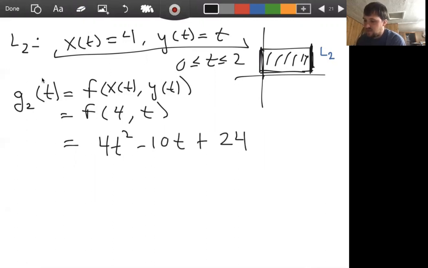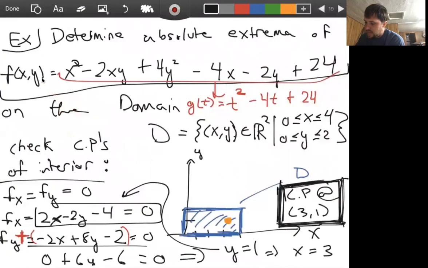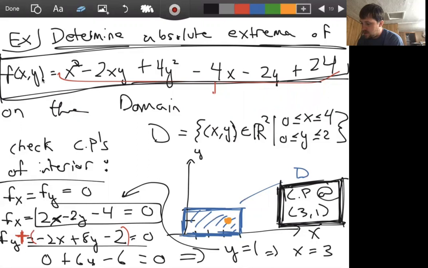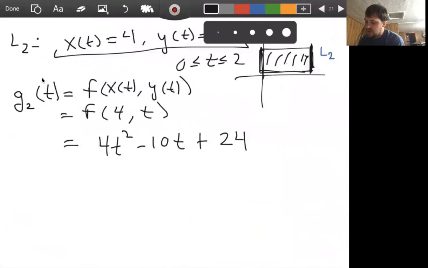How I did this was you come back to the original function, this long polynomial here, and you plug in x equals 4, y equals t. If you'd like, you can pause the video and check that what you get is this.